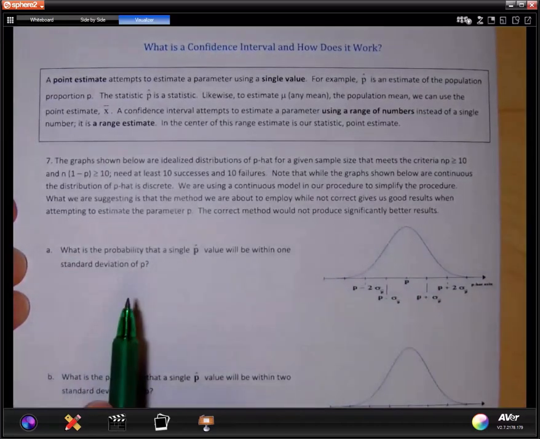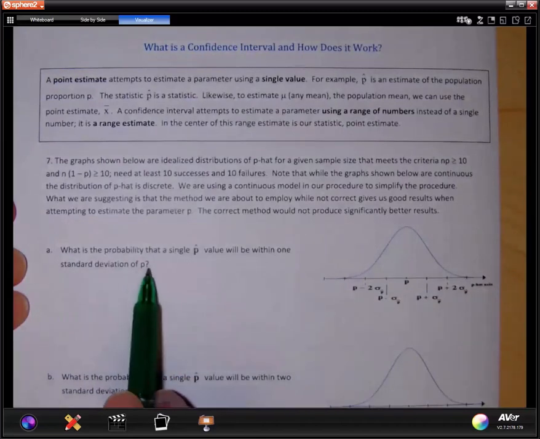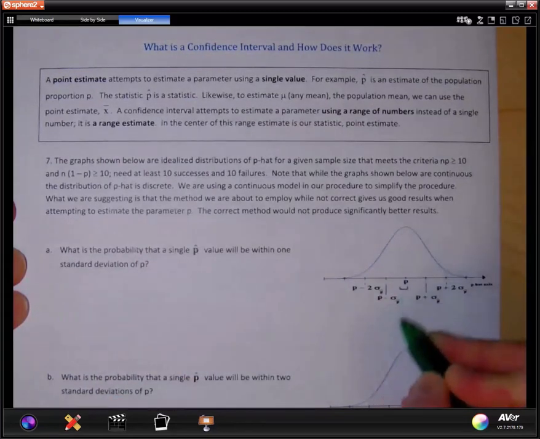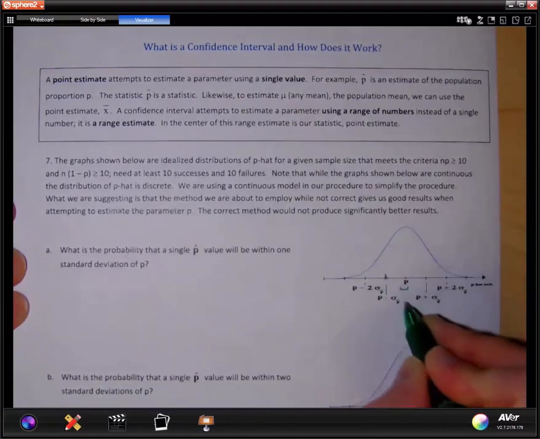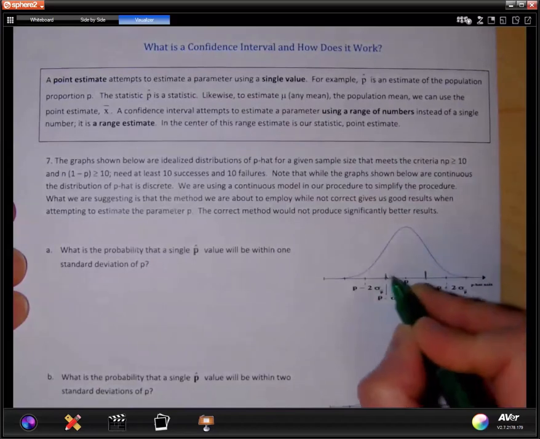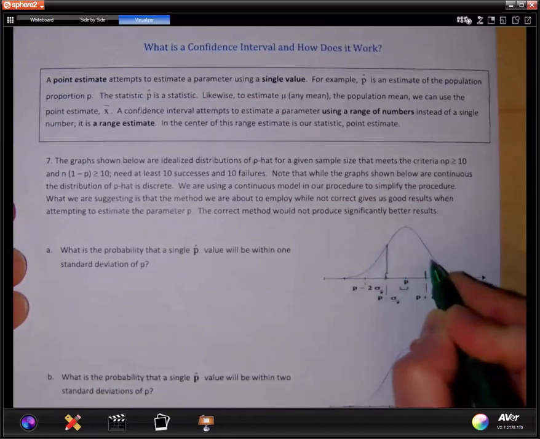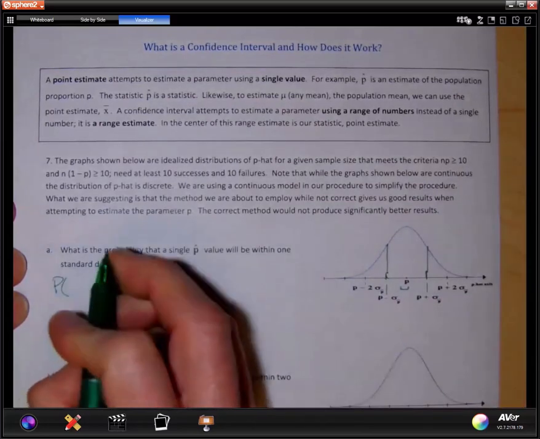And let's answer the first question. What is the probability that a single p-hat value will be within 1 standard deviation of p? So here is p. What's the chance that I'll be within 1 standard deviation? That is, 1 standard deviation right here. I write this using function notation.